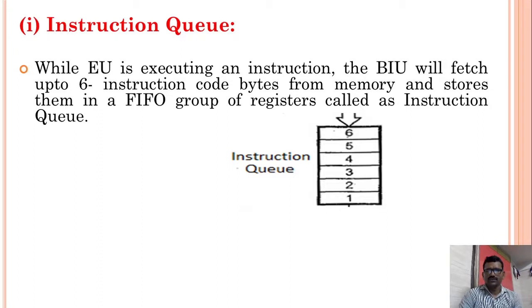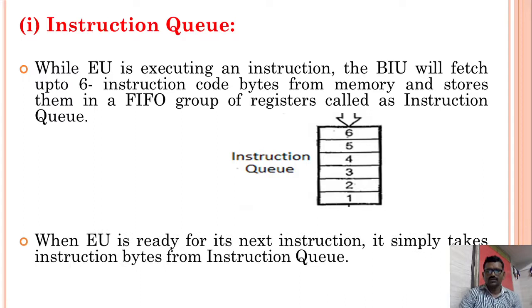So this queue works in first-in first-out fashion. The 8086 microprocessor fetches 6 instruction bytes before execution of the program, and when the EU is ready for its next instruction, it simply takes instruction bytes from the instruction queue. The EU receives the instructions from this instruction queue.